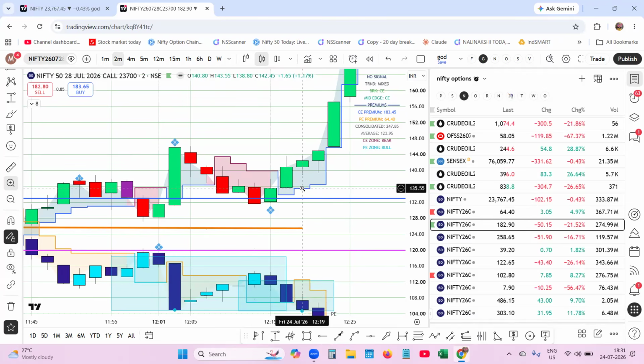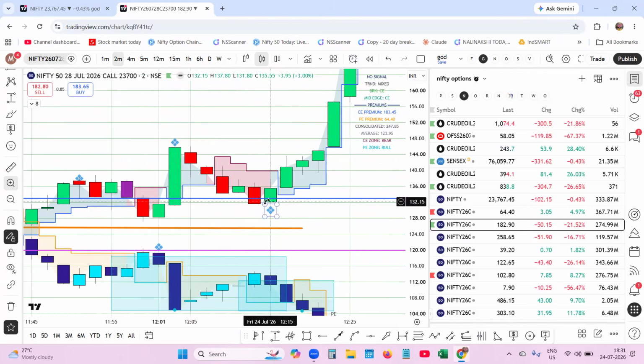After the pullback, if you enter, it reduces your emotional entries. It improves your risk to reward. Yes, friends. If you had entered here at 145, your risk to 130 was 15 points.